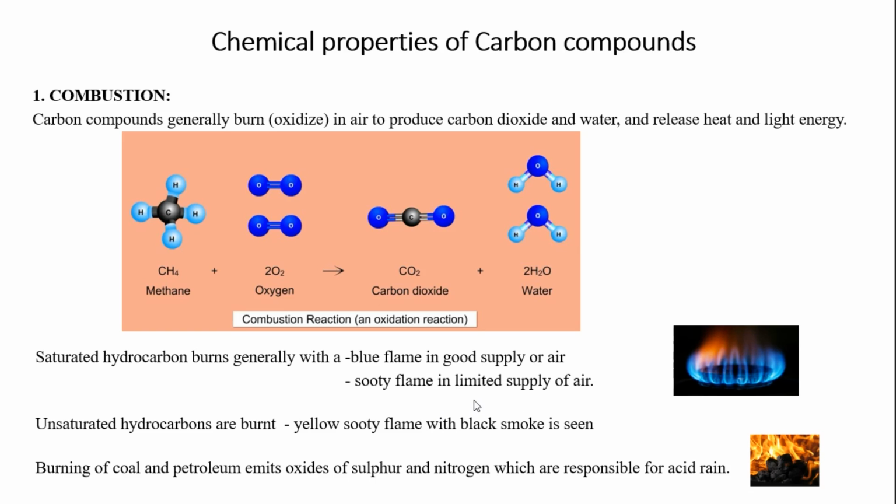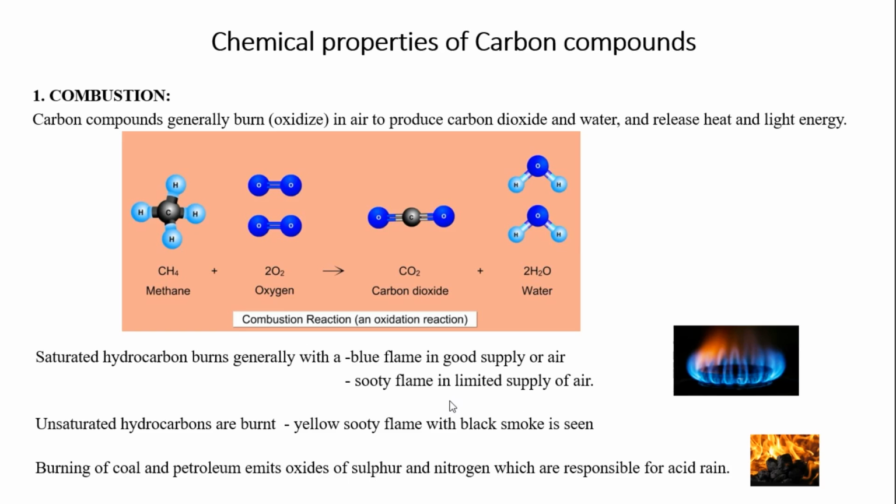Now you might have seen in most of the vessels that are getting heated, especially on wood, that the bottom layer of the utensils will have black deposits. If you just touch the bottom surface of the utensil, your hands will turn black. So that is called the sooty deposit.